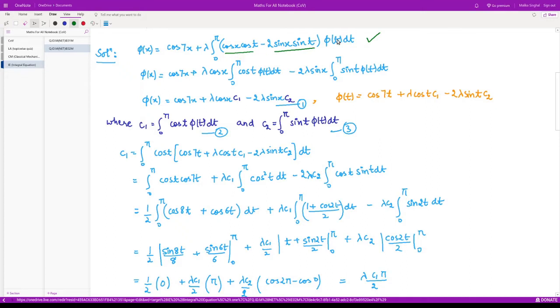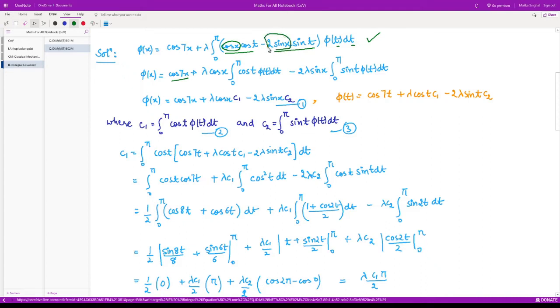So here this integral is only dependent on the term t, so we can take this cos x common. So we have cos 7x as it is plus lambda as it is, then cos x is taken out, integration from 0 to pi, cos t phi t dt as it is, minus 2 sin x.